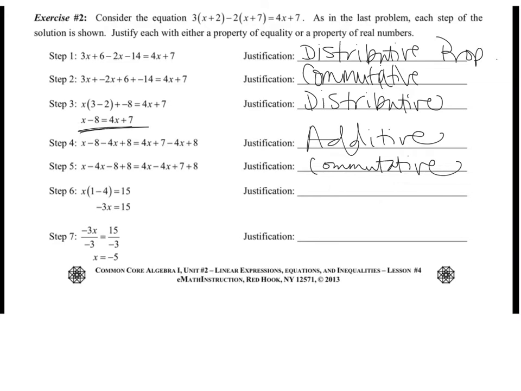And then it was distributive, because it took the x on the outside. And finally, it looks like it divided by 3 on each side, so it was the multiplicative property.